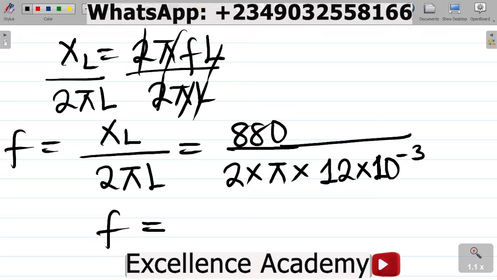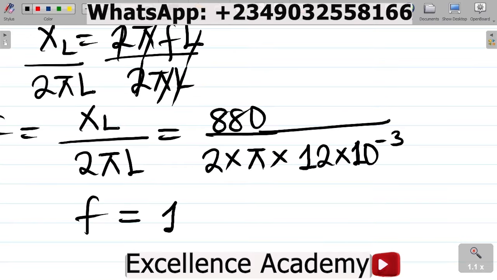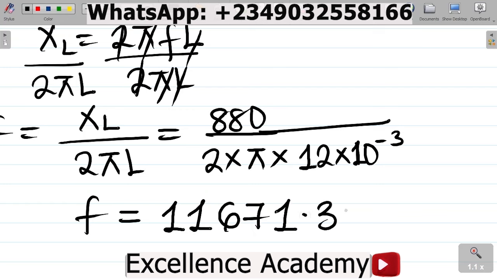This divided by 2 times 22 over 7, that should be in bracket, or pi, times, or you can type 3.142 times 12 times 10 to the power minus 3, showing milli. What I have here is 1167.36 in hertz. If you punch this correctly, you have this.